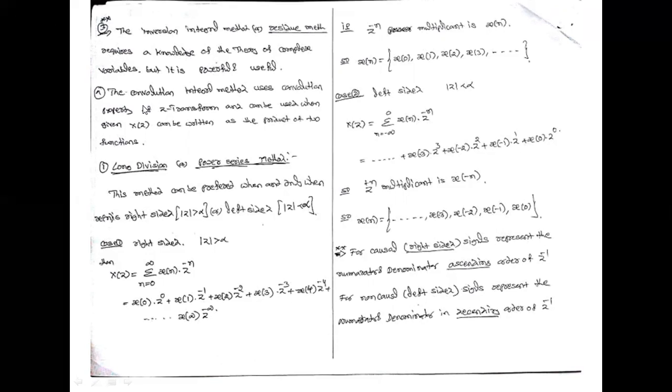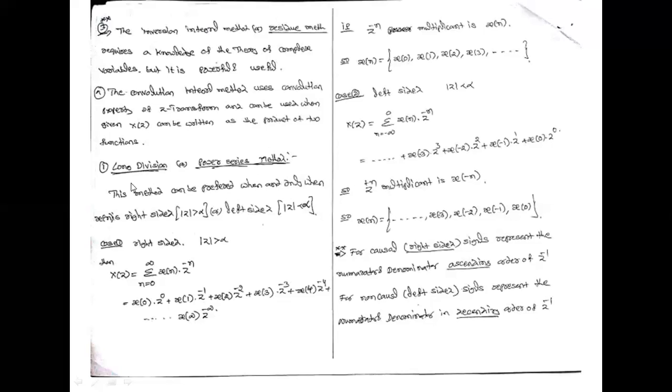For the given function x of z, you can write it as x1 of z times x2 of z, find the convolution of the two individually, substitute in the convolution integral, and find the final equation in the time domain. So these are the four methods we use to find the inverse Z transform for the given x of z.